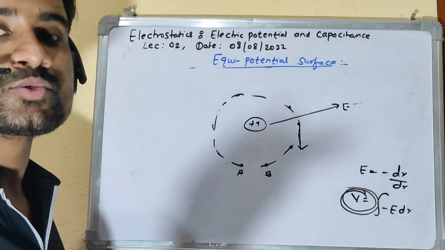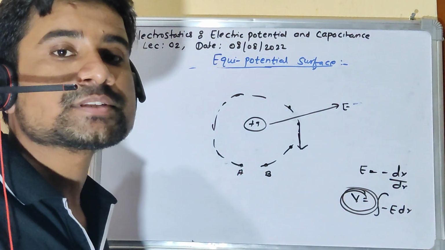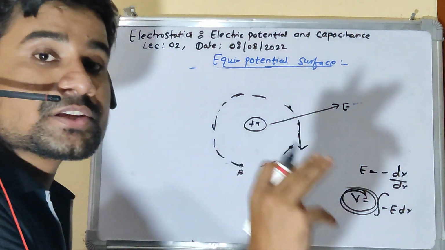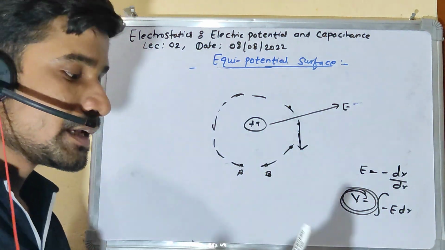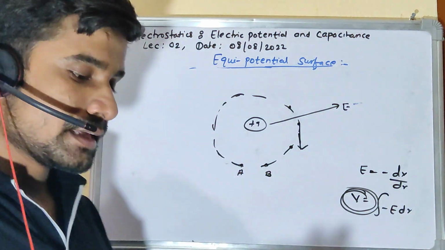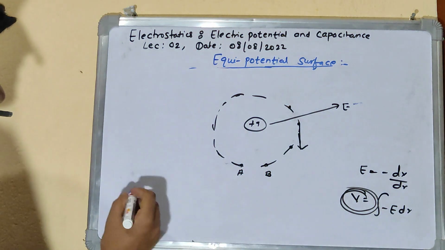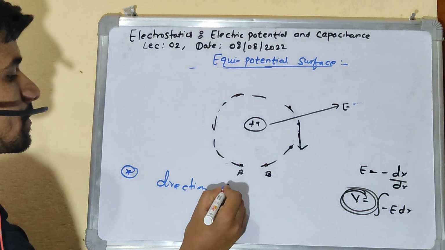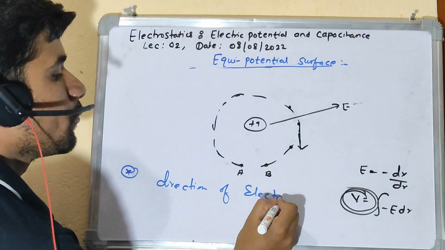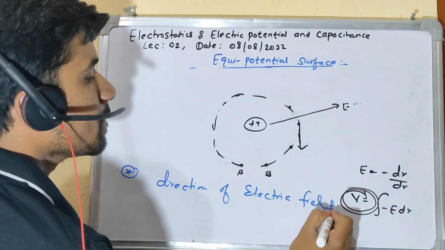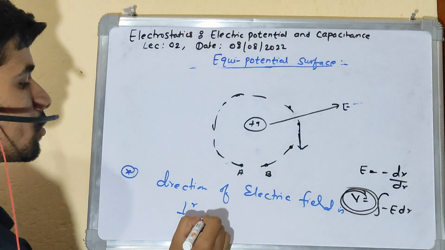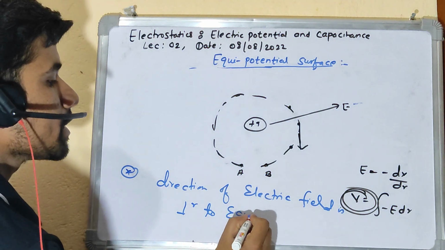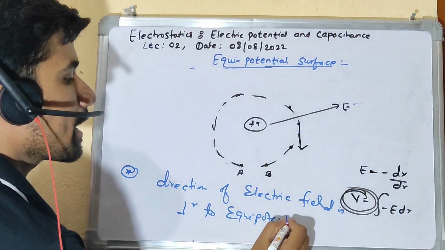There would need to be work done to move any charge on the surface, which violates the definition of an equipotential surface. Hence we can conclude that the direction of electric field is perpendicular to the equipotential surface.